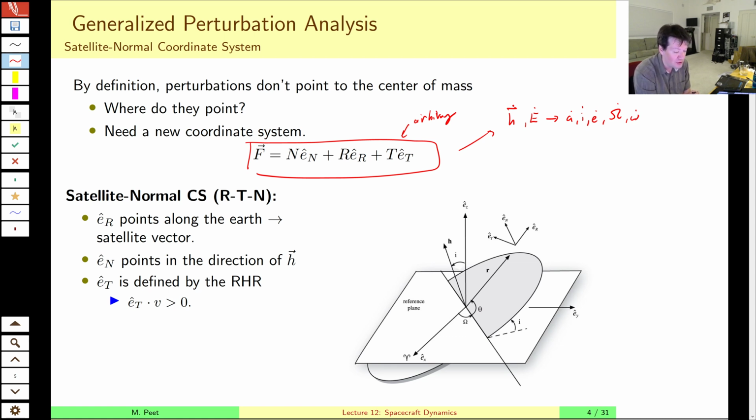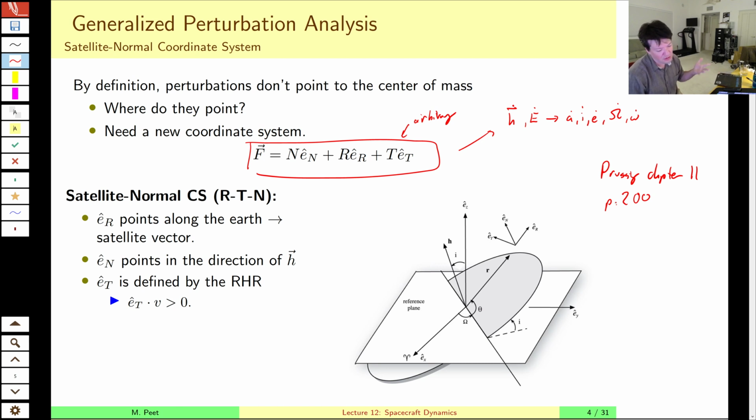If you go to Prussing, chapter 11, it's about page 200 or so.